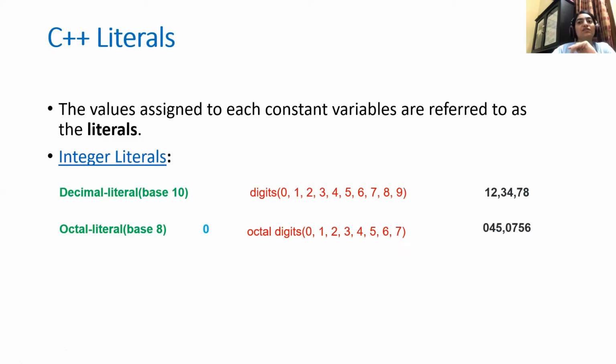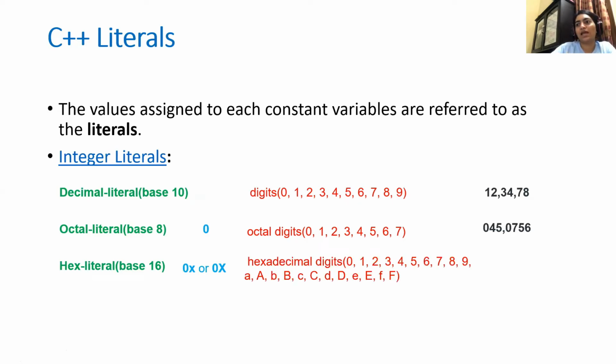So to differentiate whether it's an octal literal you have given, or a decimal or hex literal, there are different prefixes. For example, for a hex literal, the prefix is 0x or 0X, and it can contain numbers 0 to 15.